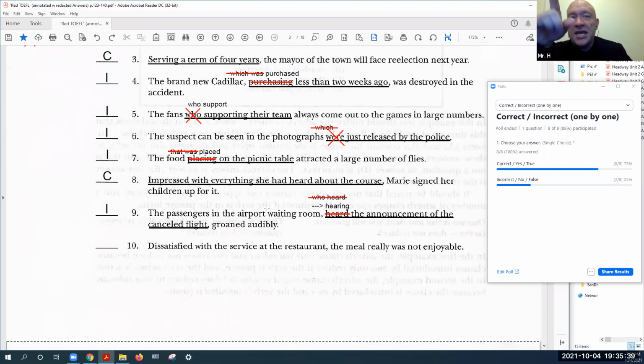It should say "hearing the announcement of the cancelled flight." Look, the easy way to think about it is, do the passengers do the verb? Right. So we need -ing. That's the active. Remember, we did in unit 1, active adjective. Okay. We want the active adjective.